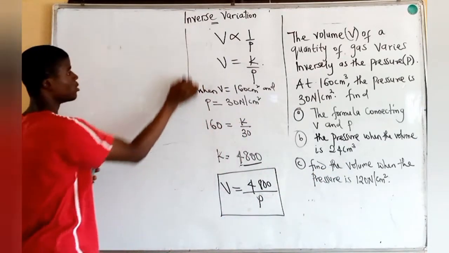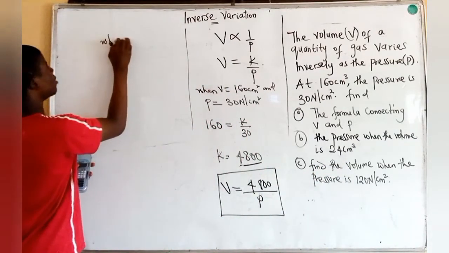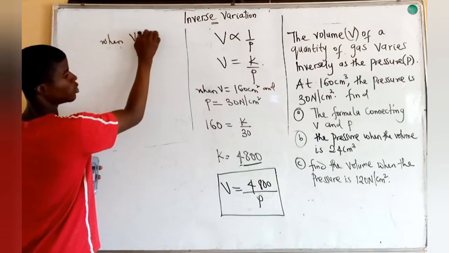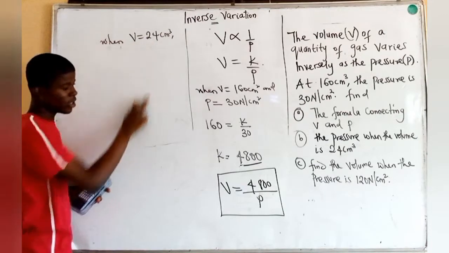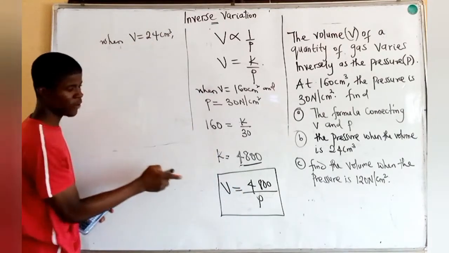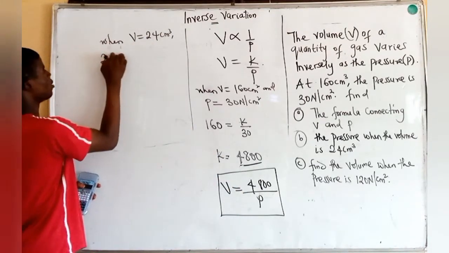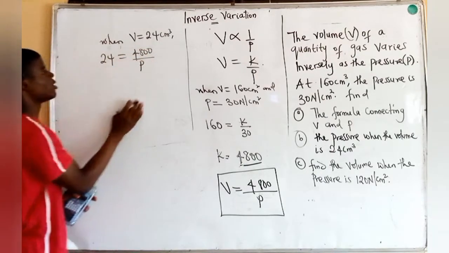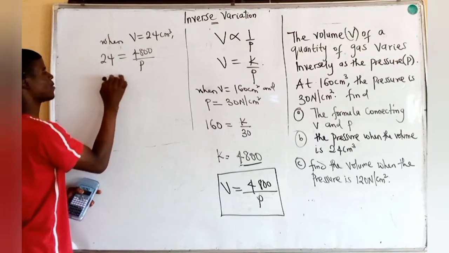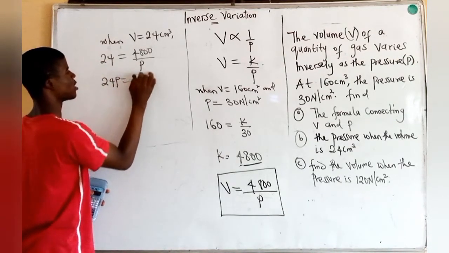The next question says, find the pressure when the volume is 24 centimeter cube. So I'll substitute this value into this equation. 24 is equal to 4,800 over P. So 24P, after cross multiplying, is equal to 4,800.